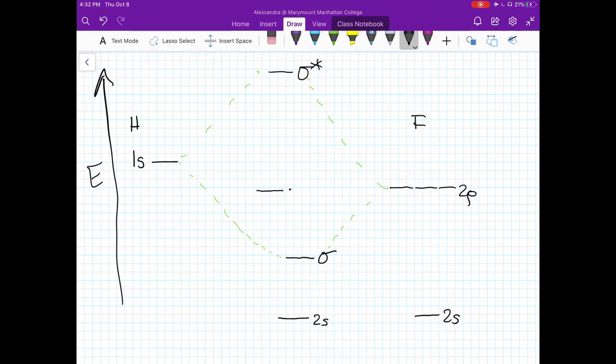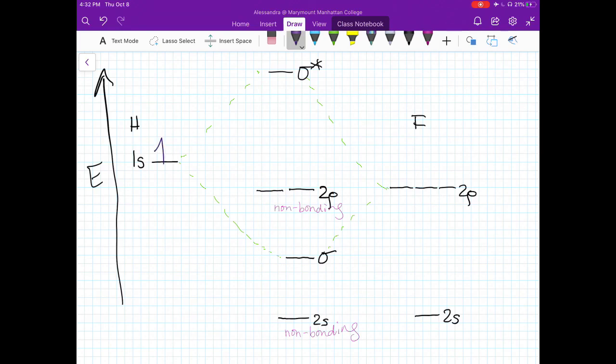Two of the 2p orbitals are going to remain uninvolved. And actually, these orbitals, I can label them as non-bonding orbitals because they are not involved in the covalent bond between H and F. Similarly, this 2s orbital is going to be a non-bonding orbital.